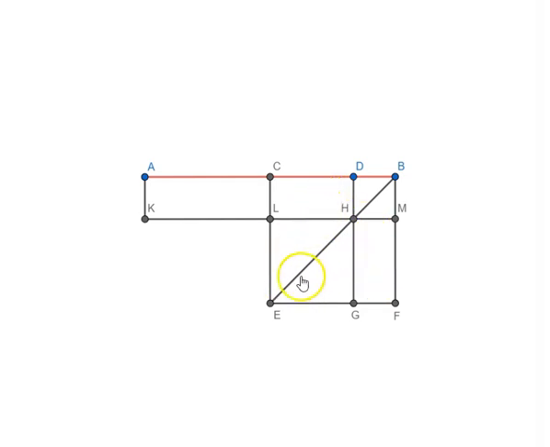This is a square, and CLMB is equal to AKLC. Why? Because C is the midpoint. So this parallelogram or rectangle is equal to this rectangle. This parallelogram is equal to this parallelogram, or this rectangle is equal to this.